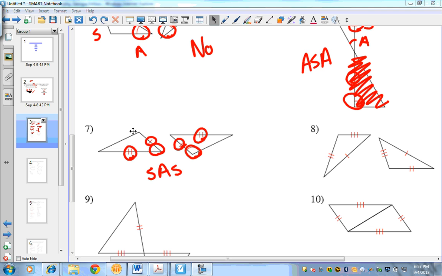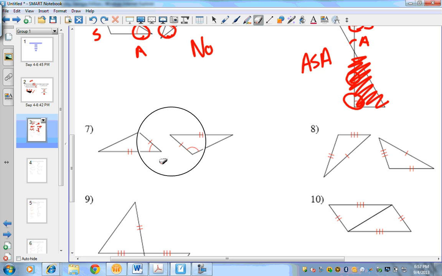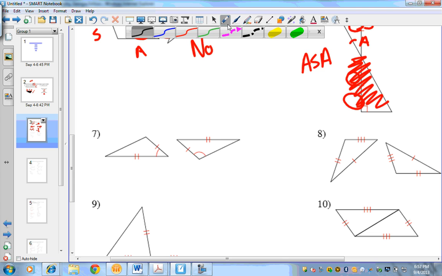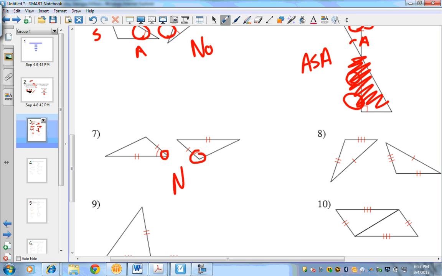Another thing you've got to look at as you are moving through this is paying attention to where the corresponding pieces of each triangle are. Notice in this example that the angle that is marked is actually in between the 2 sides, whereas over here it is not. It is outside of these 2 sides. So the angle that is congruent is in a different spot on both triangles. So you would say no, that does not work. All right, let's keep going.